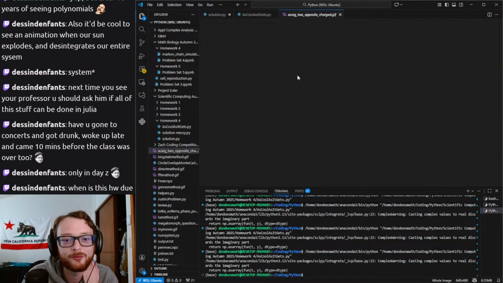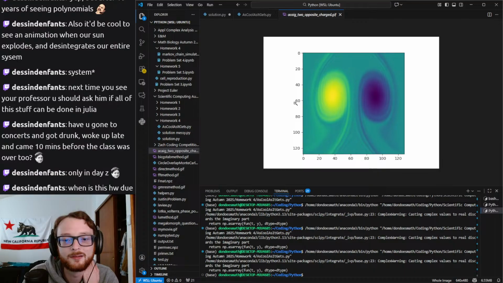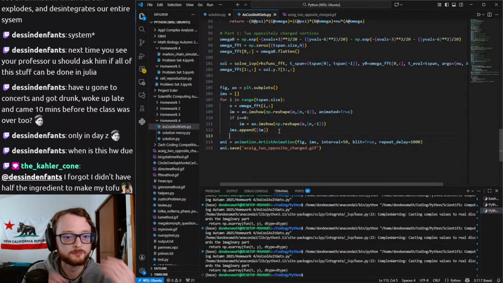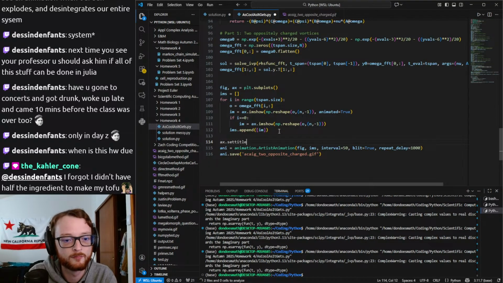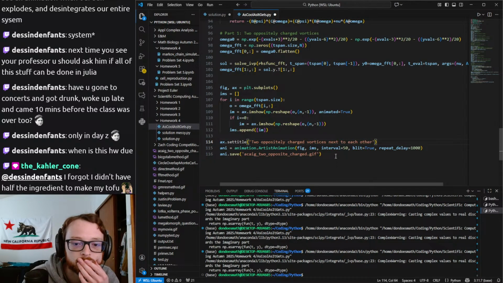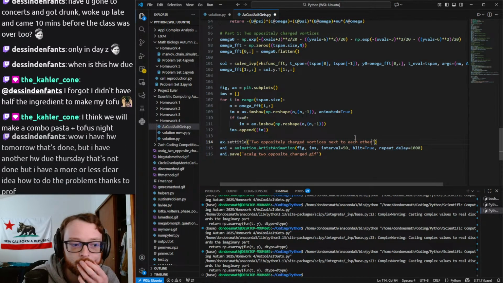I shouldn't care about the y-axis, right? I need to put a title here, though. That might be a little bit of a long title.